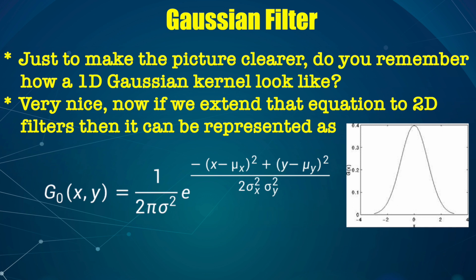But what is this mu? Mu is the mean and sigma is the standard deviation. So mu x is the mean in the x direction, and mu y is the mean in the y direction.